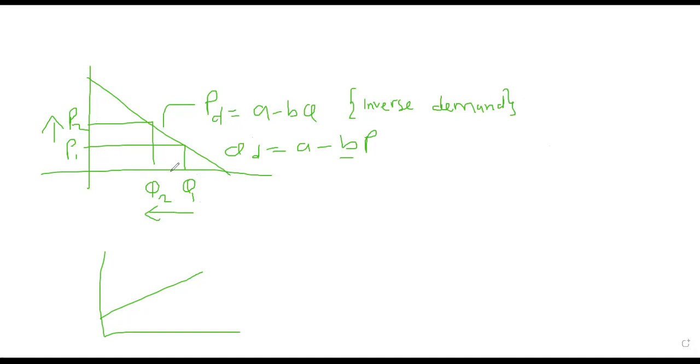So the price of a particular good will always cause movements along the demand curve. For instance, we have something at 8 kwacha.